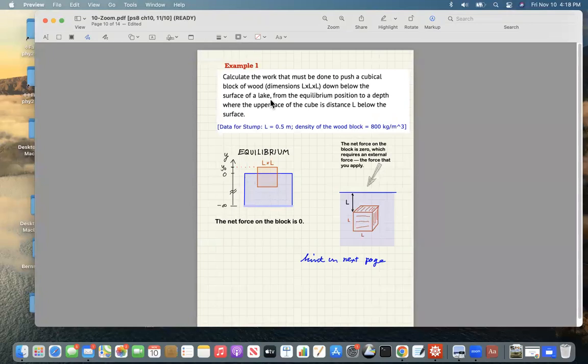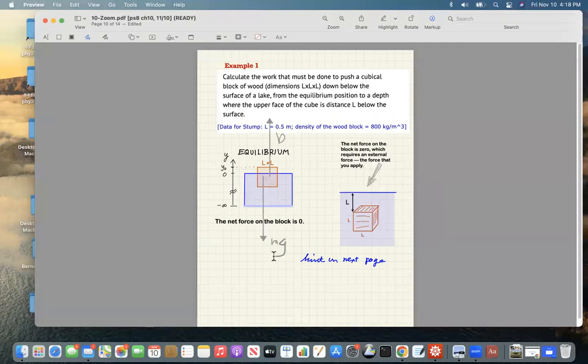So you have a force diagram like this. You have a downward force, that's the weight, gravity, and an equal upward force so that the net force is 0. And this has to be the buoyancy force, whereas this is mg.